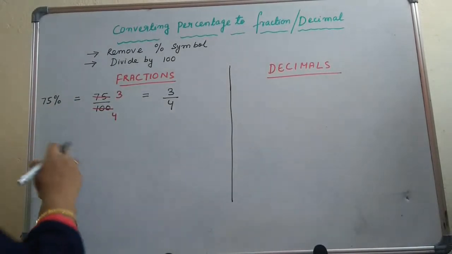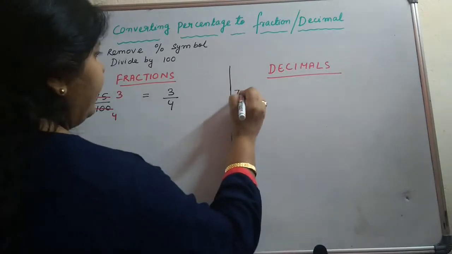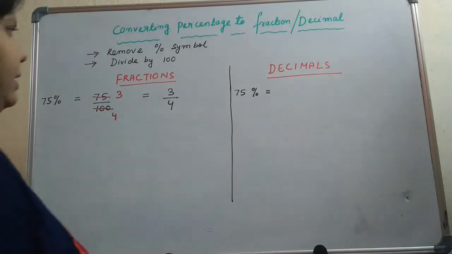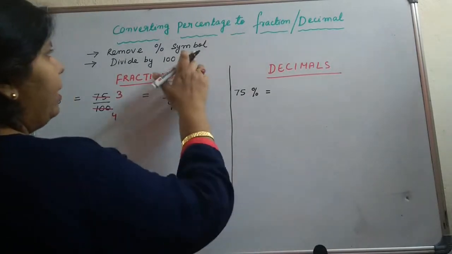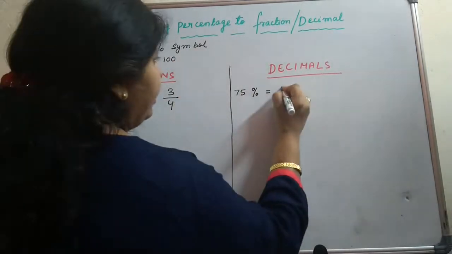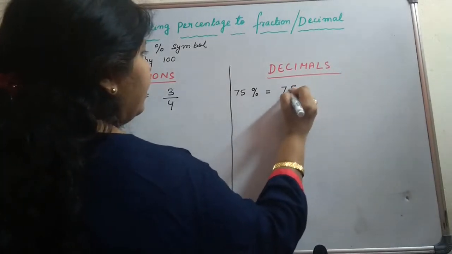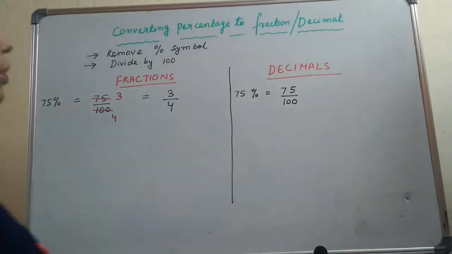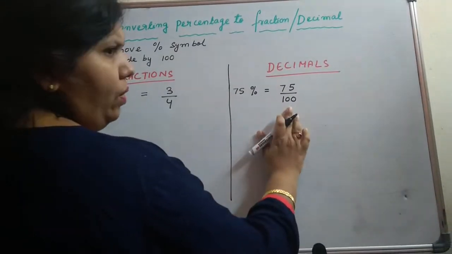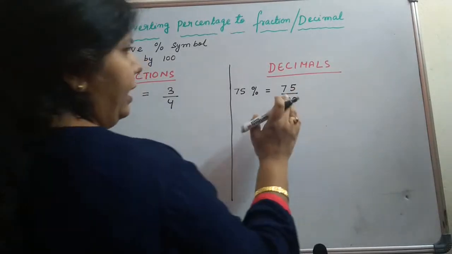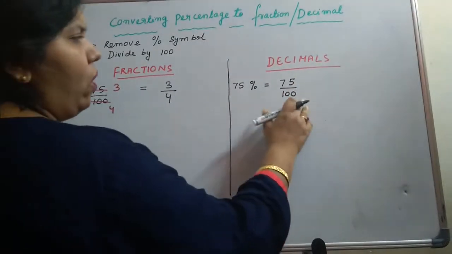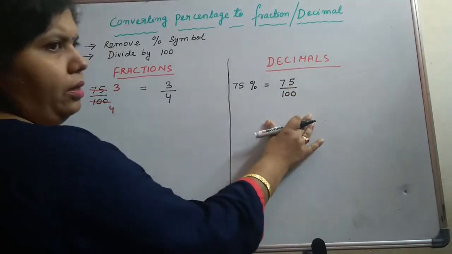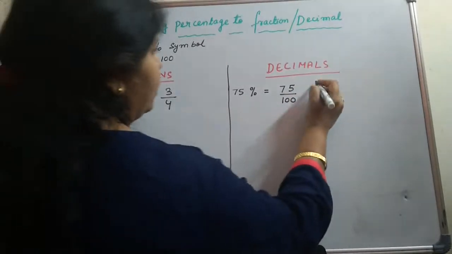Now we have to convert it into decimal form. So 75% equal to, the same process we will do. We will remove the percentage and will divide by 100. So we will get 75 by 100. Now we will convert it into a decimal, because any fraction where you have the denominator as 10, 100, 1000, you can easily convert it into decimal by counting the number of zeros.